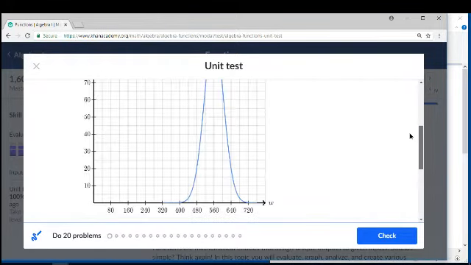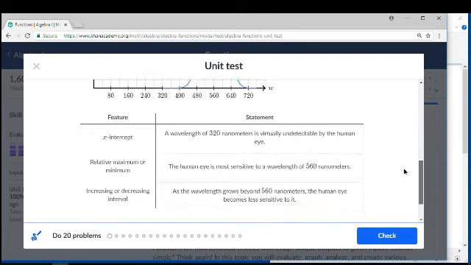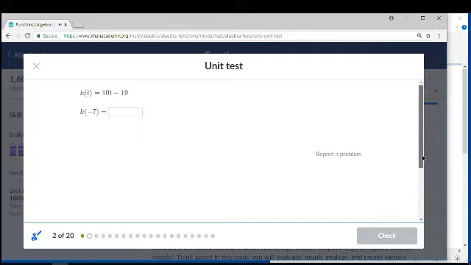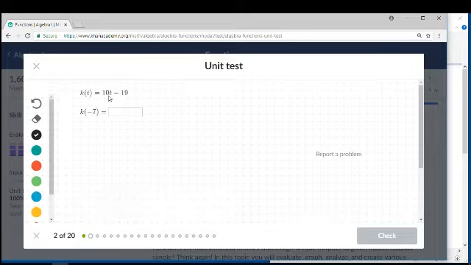And the x-intercept at 320 of wavelength is undetectable, which is true. All right, let's check. Boom. K of negative 7 times 10, so that's just going to be negative 70 minus 19, so that's just going to be negative 89.